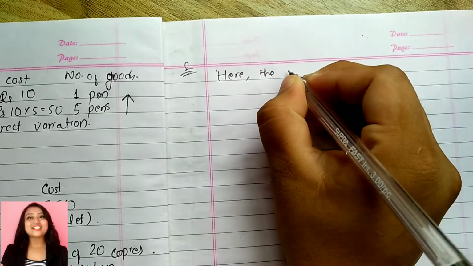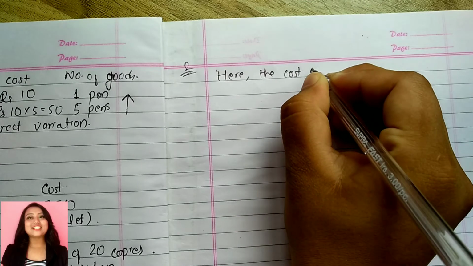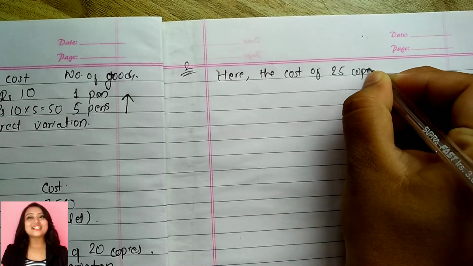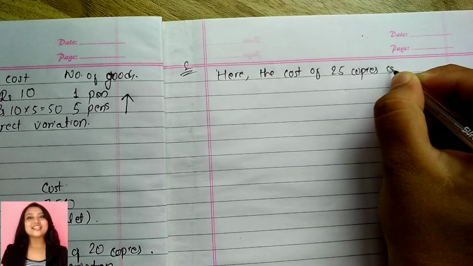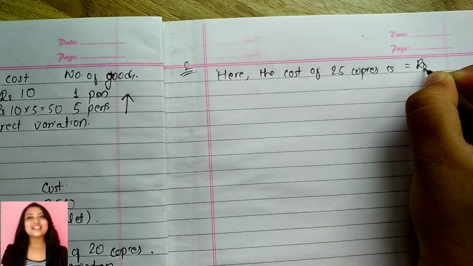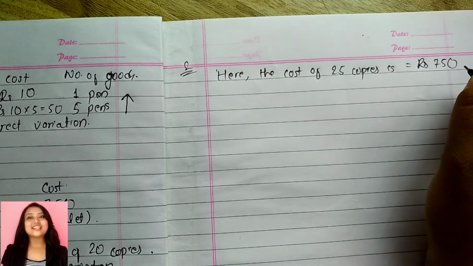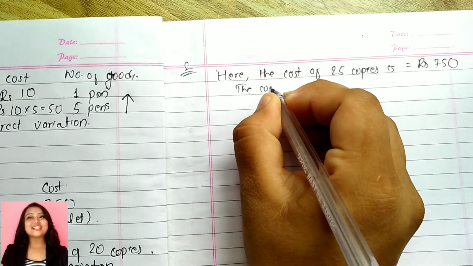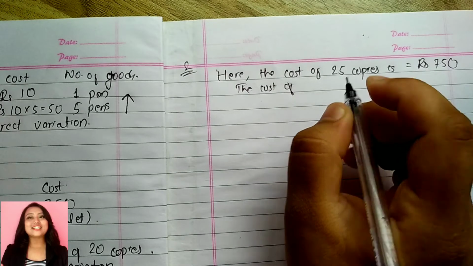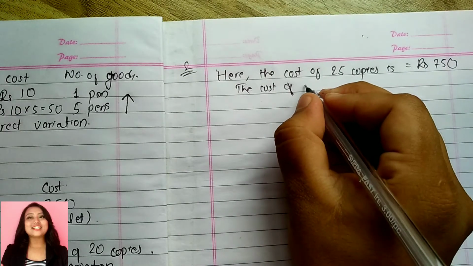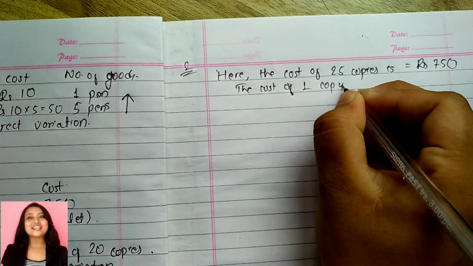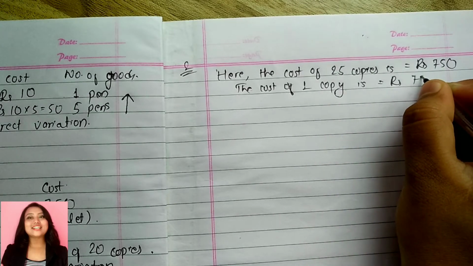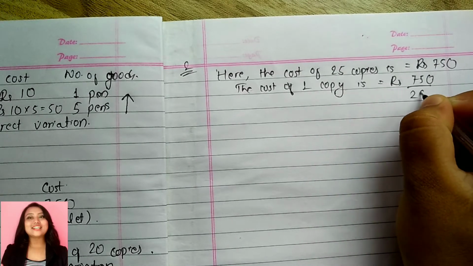The cost of 25 copies is equal to rupees 750, right? Now you have to find the unit cost, that is, the cost of one copy is equal to rupees 750 upon 25.